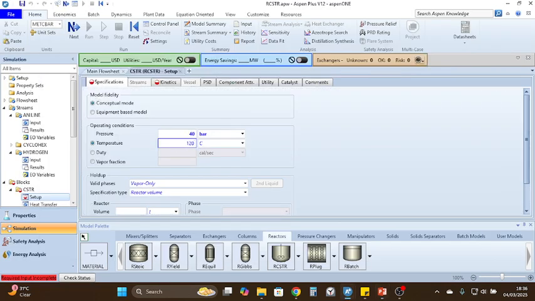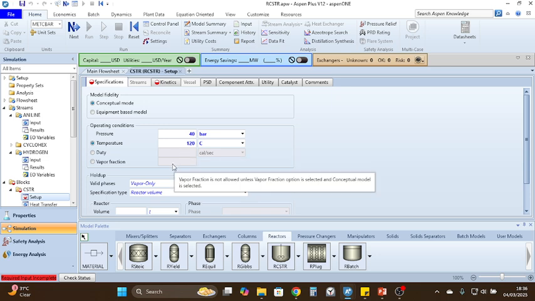Now apart from temperature, there are three other options that are given. If you don't want to specify the reactor outlet temperature, you can specify the heat duty. Okay, and heat duty is only selected whenever we are using this equipment based mode.